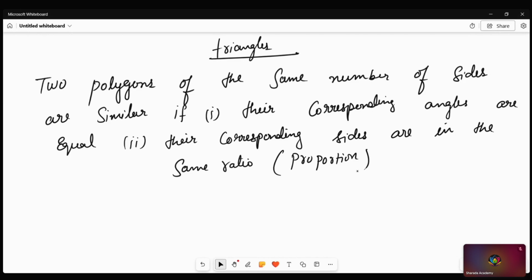Any polygon you can take, but they should have the same number of sides, their corresponding angles should be equal, and their corresponding sides should be in the same ratio. Then we call it similar. Okay. So one example, write down this example.